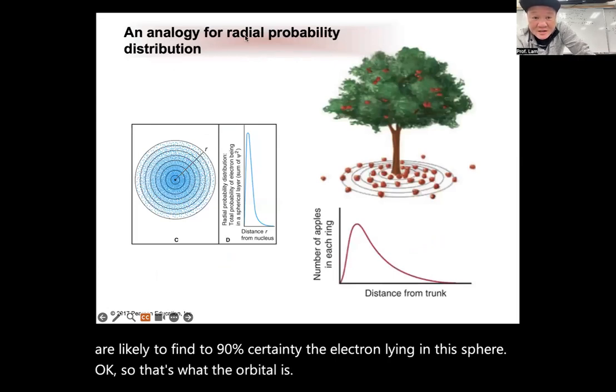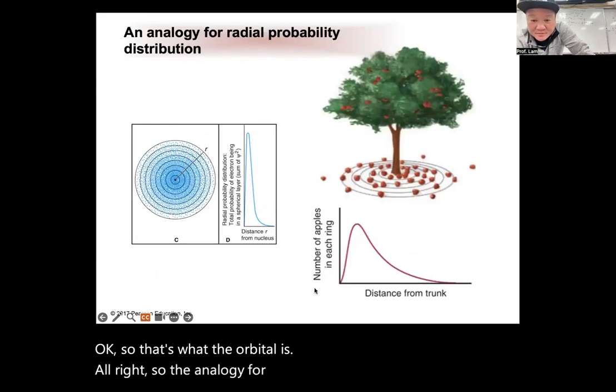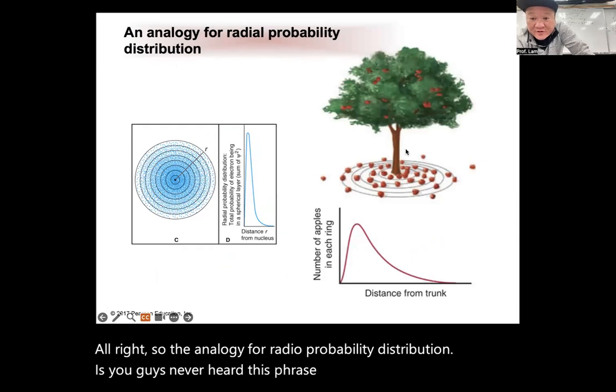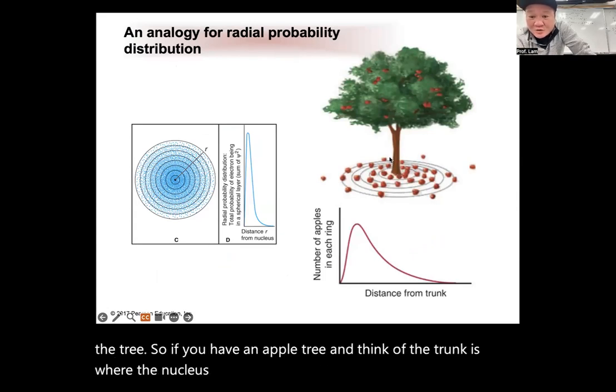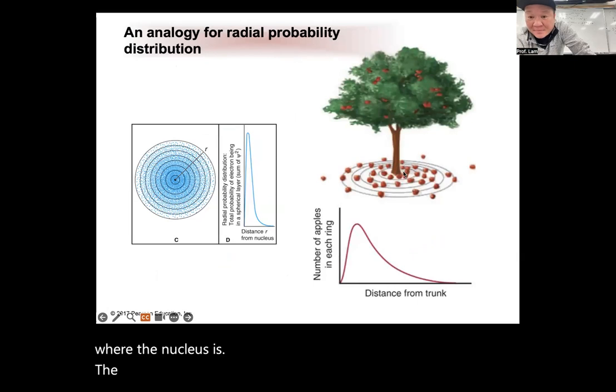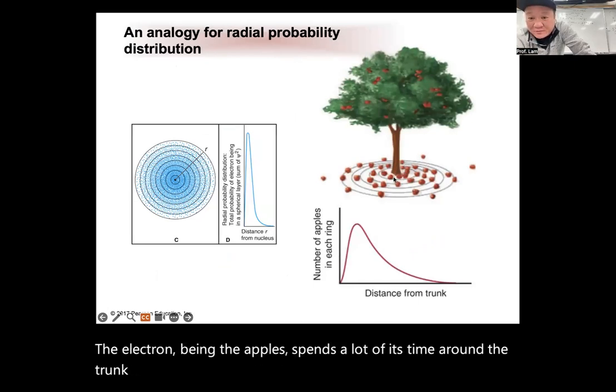All right, so the analogy for radial probability distribution is, you may have heard this phrase, right? Apple never falls far from the tree. So if you have an apple tree and think of the trunk as where the nucleus is, the electron, being the apples, spends a lot of its time around the trunk, right? The apple drops from the tree, it will be closer to the trunk.